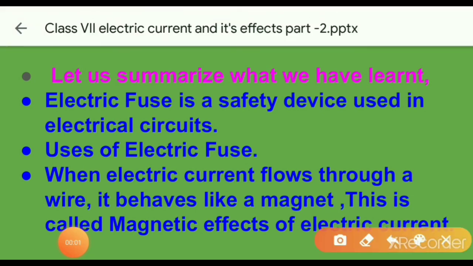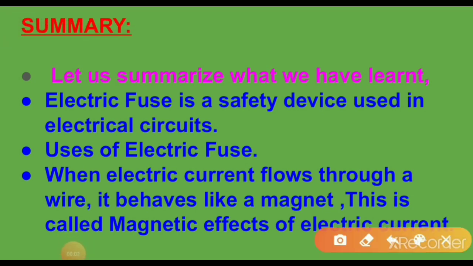Summary. Let us summarize what we have learnt in this lesson. An electric fuse is a safety device used in electric sockets, and when electric current flows through a wire, it behaves like a magnet, which is called the magnetic effect of electric current.